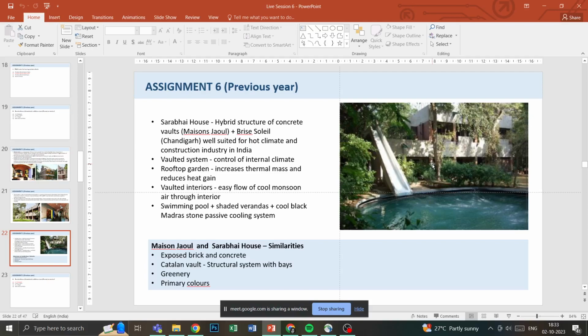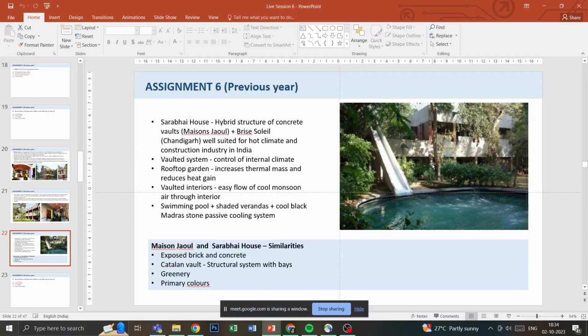The use of concrete vault has been inspired from Maison Raoul, and the use of Brise Soleil in the house has been inspired from his own work in Chandigarh, which both are well suited for hot climate and construction industry. Vaulted system, the use of vaults provides a control of internal climate.